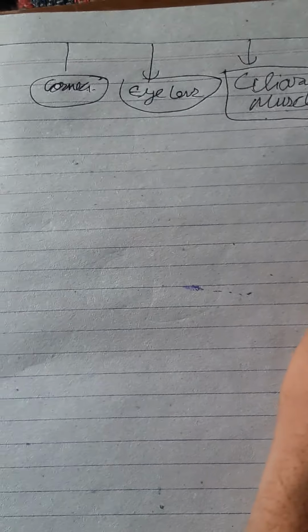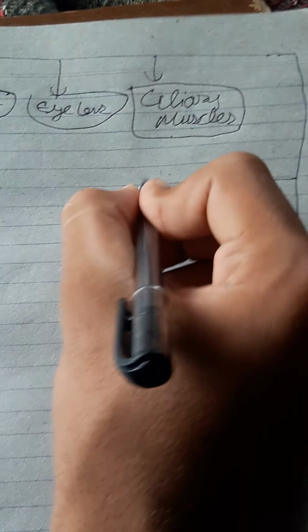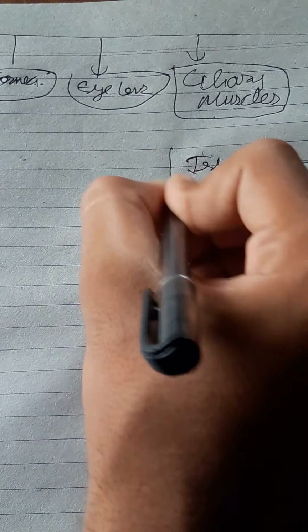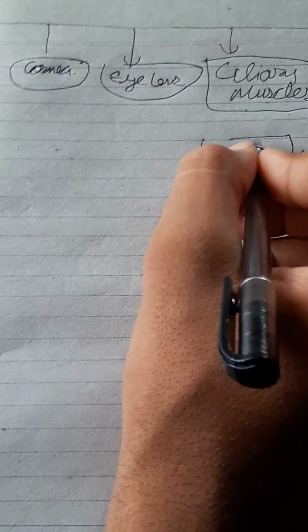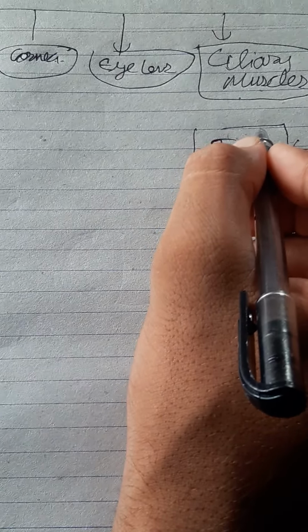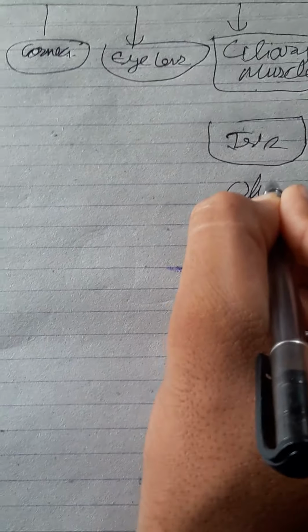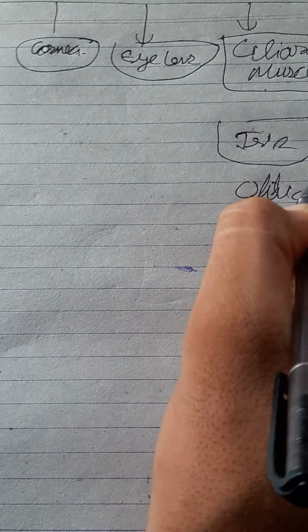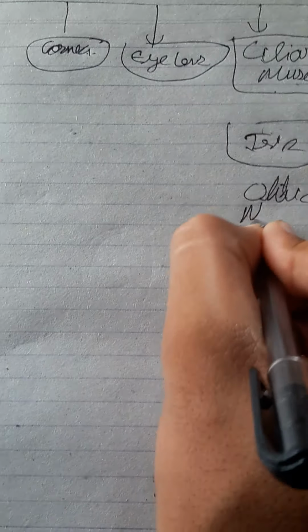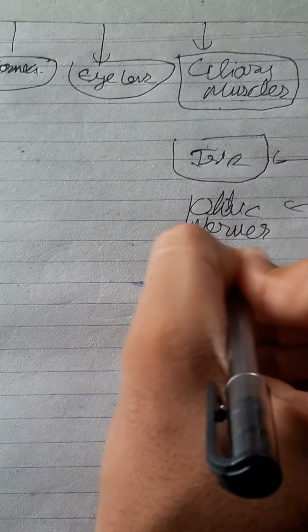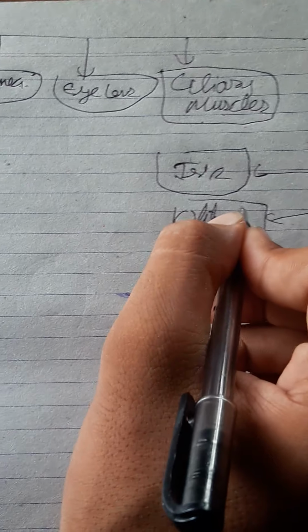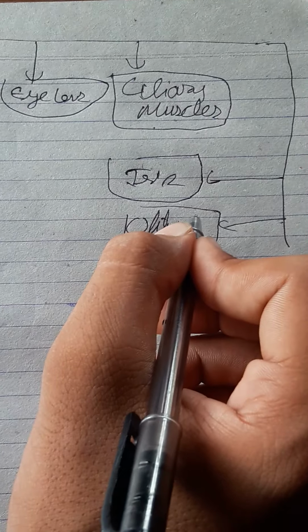Then, after the eye lens, there is the iris. The iris controls the diameter of the pupil, and this is further controlled by the radial muscles. Then there is the optic nerve, which carries visual information from the retina to the brain.